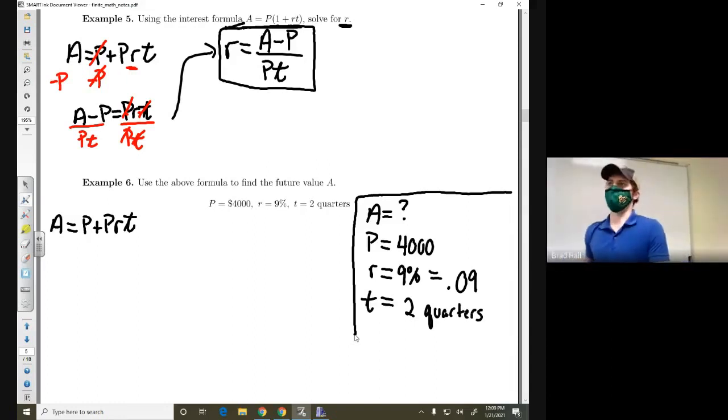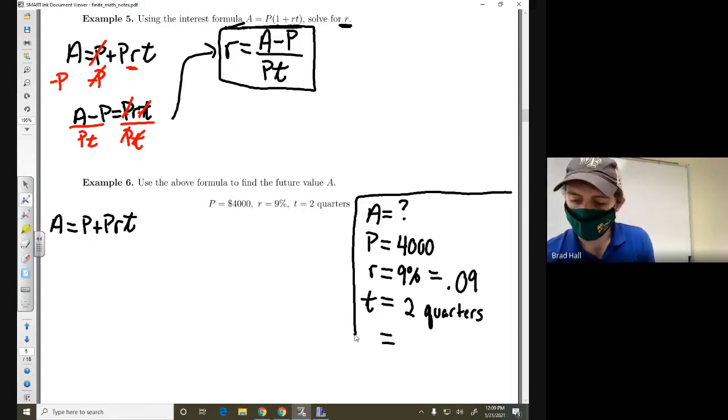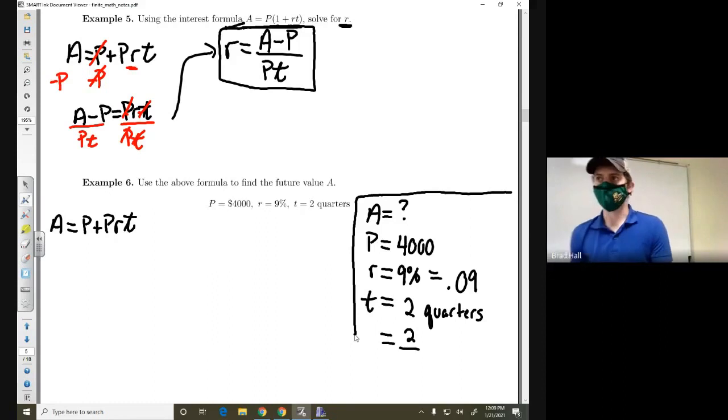How do you convert 2 quarters to a year? That's 0.5, right? It does come out to be 0.5, but how do you get 0.5? It's 2 divided by 4.